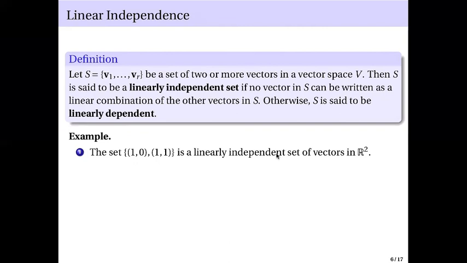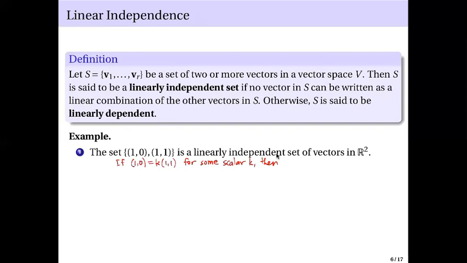And why? Well, look at this. If (1, 0) equals k times (1, 1) for some scalar k, then what do we have?